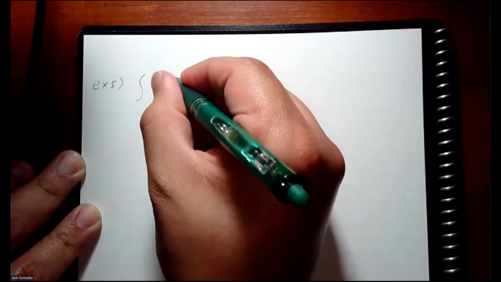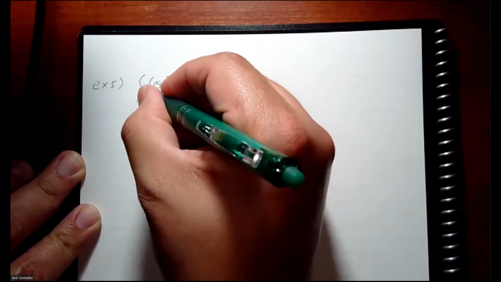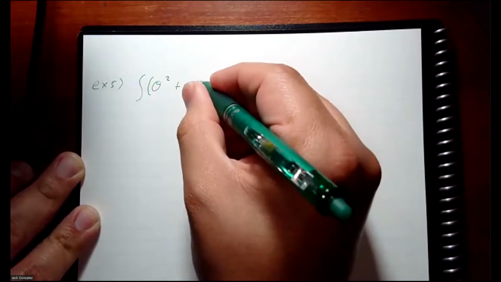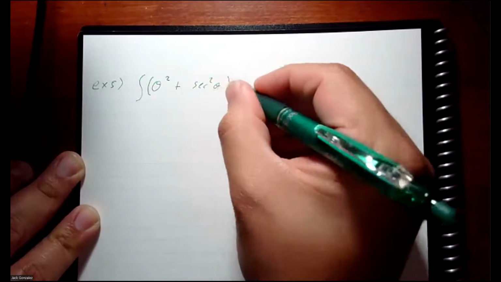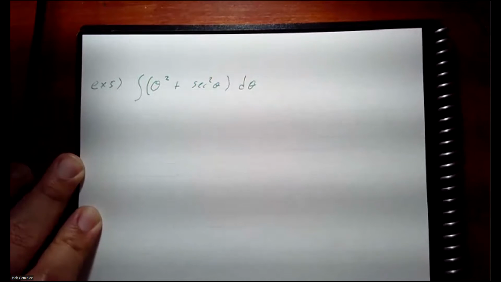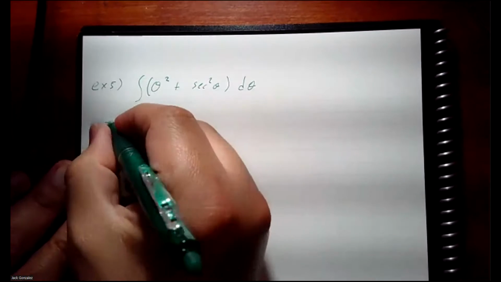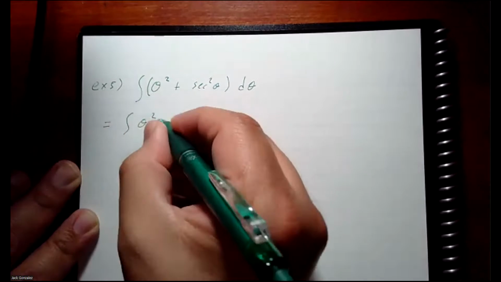Now, just remember, it doesn't always have to be x. This is the integral of theta squared plus secant squared theta d theta. So I'm integrating with respect to theta. Treat it the same way you would before. Separate.